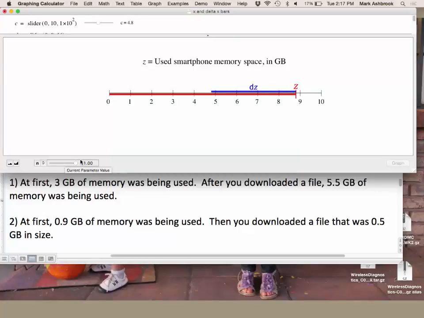What is Z initial? 8.8. Z final? 4.7. Therefore, the unknown is? It's DZ. DZ is what we don't know. And you've got what? Negative 4.1. This is a negative change, meaning we erased, or the amount used went down. The amount used went down, therefore it's a negative change. Or it's like the length of that blue bar, but a decrease in Z, so negative 4.1.